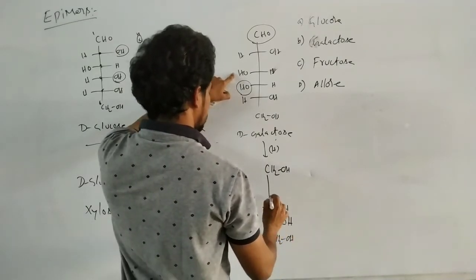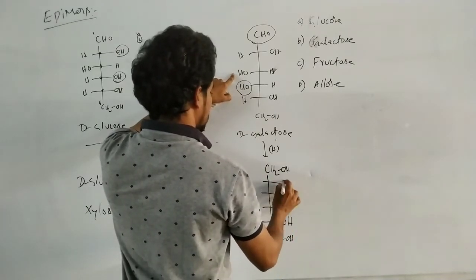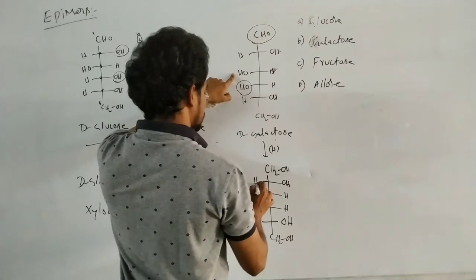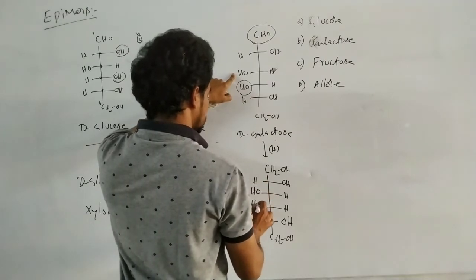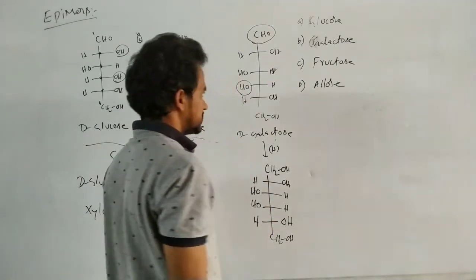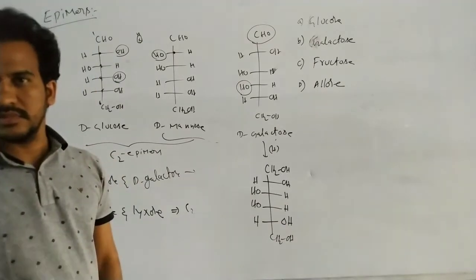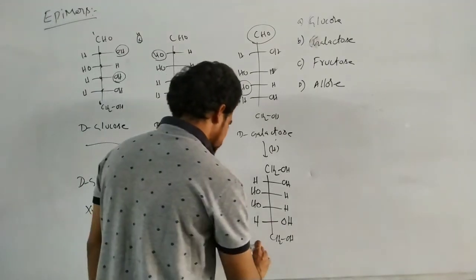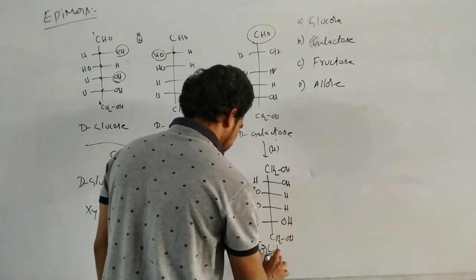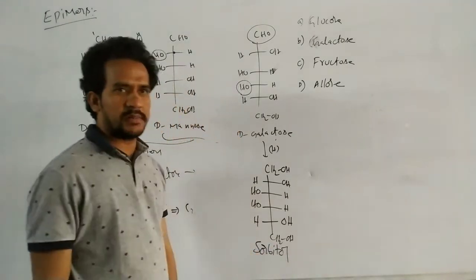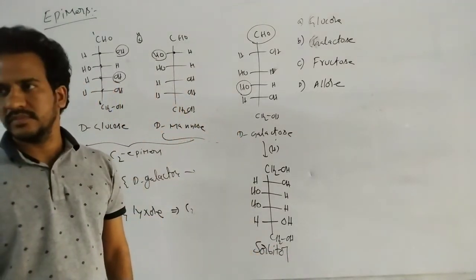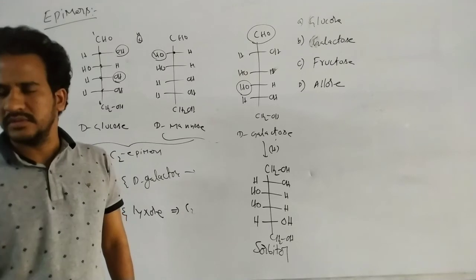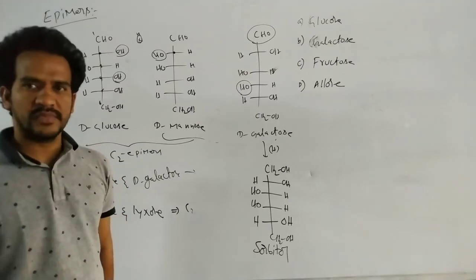Here hydrogen on the right side. Here hydrogen on the right side. Here OH on the right side. So H, here OH, OH, hydrogen. This is the product. This product is known as sorbitol, or glucitol.